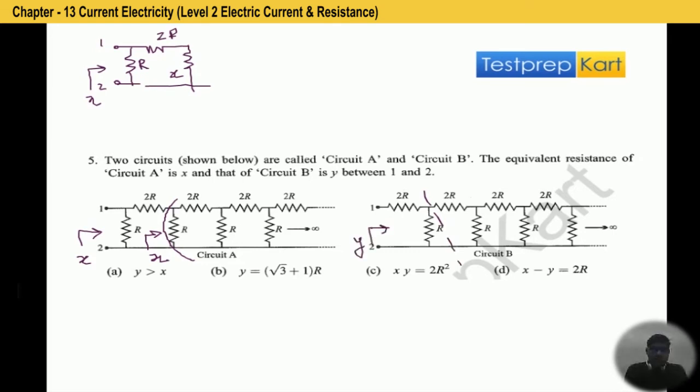Suppose this resistance is Y and this is also Y. Here we are just taking advantage of the infinite series, that if you break a link from there, there will be no effect on the entire resistance, right? So we can draw the equivalent circuit for figure 2 like this.